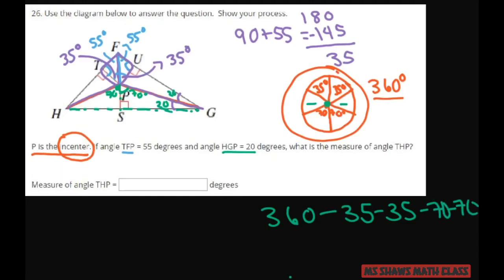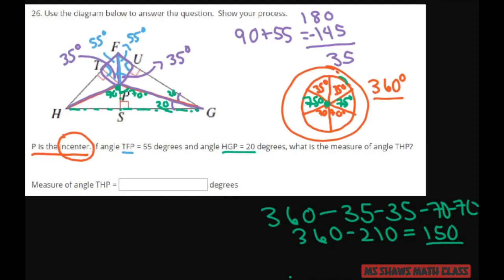Basically, it's 360 minus 210, which gives you 150. If you take half of 150, you get 75. So this will be 75, and this one will be 75.